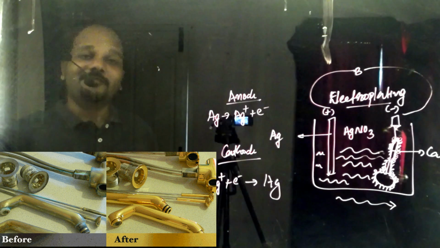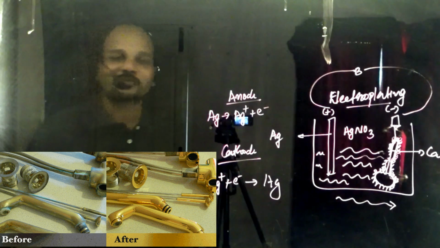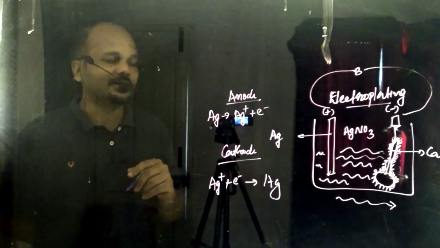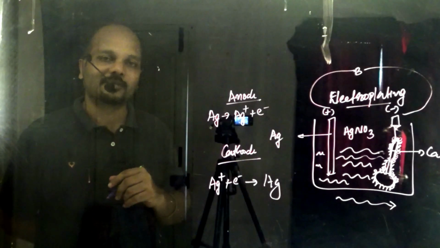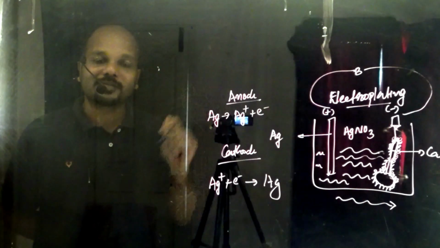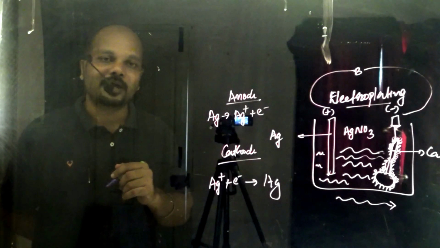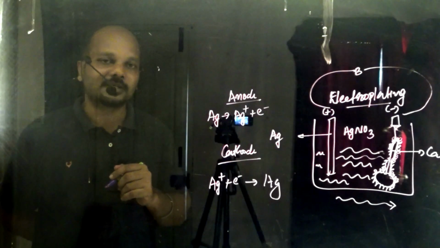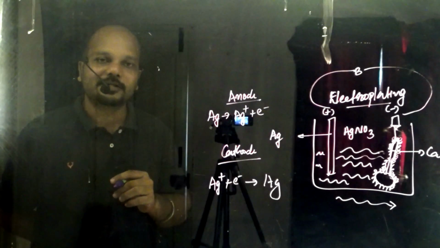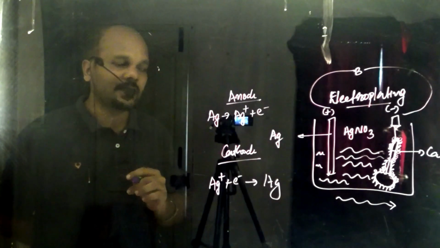We use electroplating in automobiles and for preventing corrosion. Suppose something is corroding, you can coat it with tin or something, and it will be completely coated with that particular element.